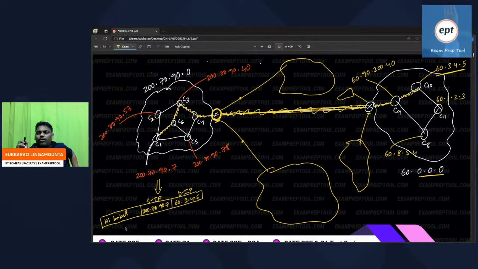Will the router send the data in the wrong path or the correct path? Right, the correct path. It will do some calculation.